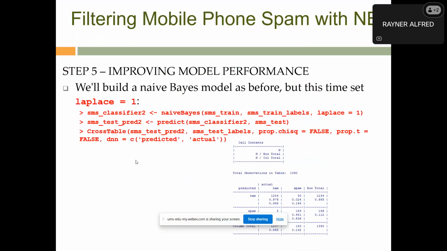We can also build the naive Bayes model as before, but this time we set the Laplace to 1. So we can set it in the statement there.